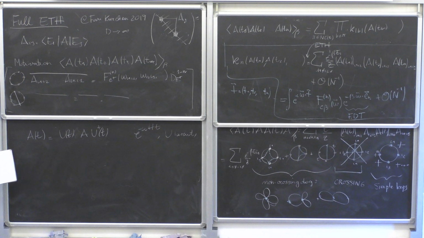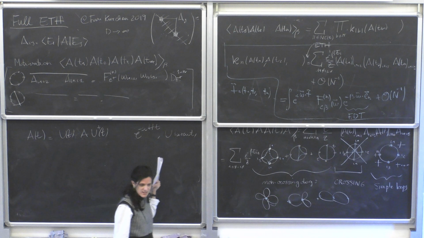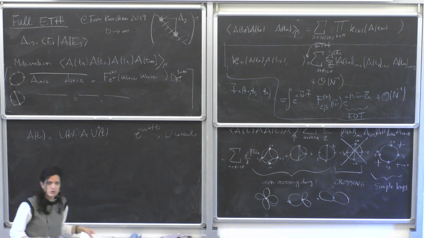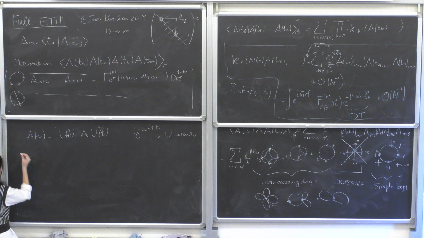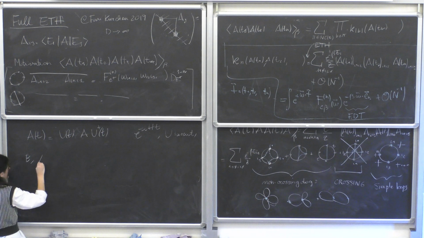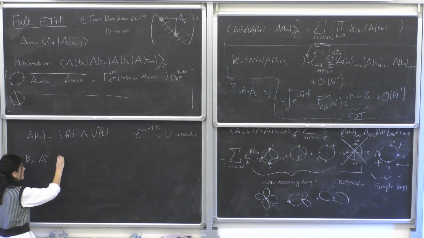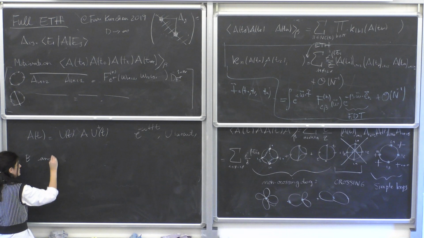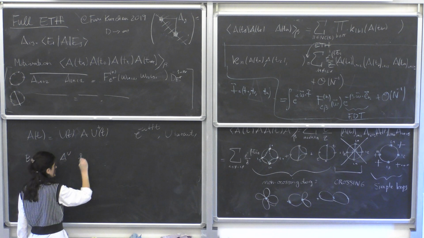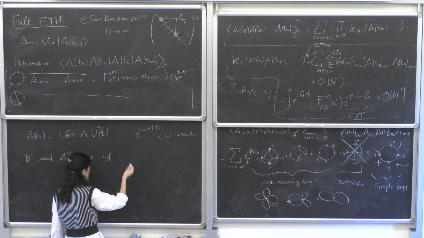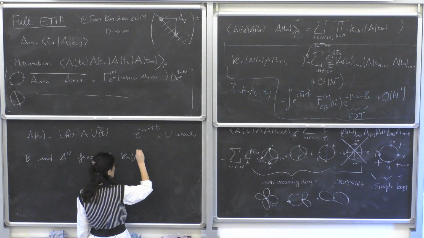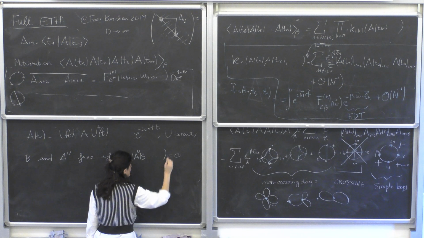And now you can ask this question: in what sense is my time evolution really chaotic? What does it mean to be chaotic? What are the universal features? And I just gave you this definition that B and A are free, this implies, so A, B, if all their mixed free cumulants vanish in the large D limit.